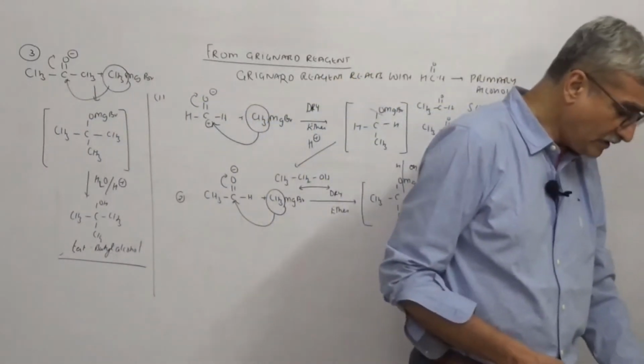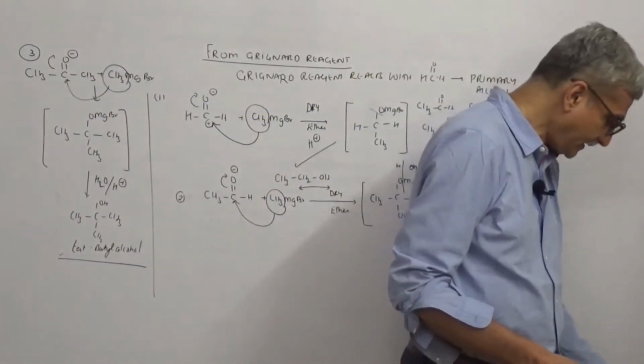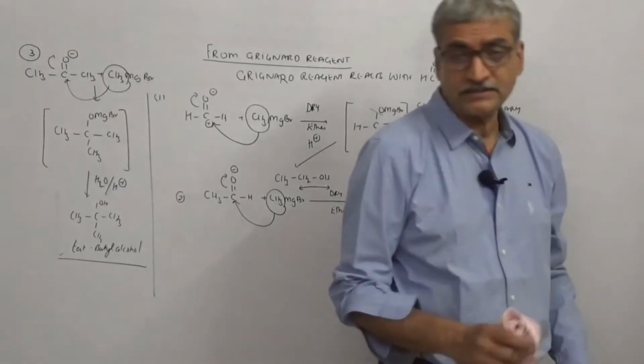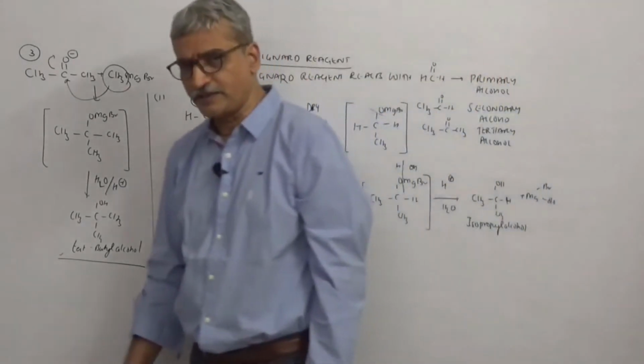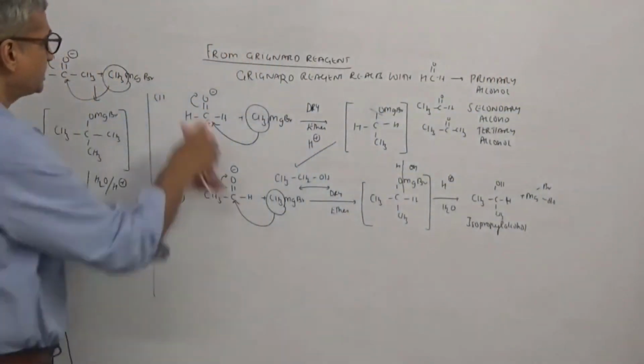Now let us talk about the main part of this chapter on alcohols, its physical properties. A lot of questions are asked on physical properties. Lower alcohols are volatile and they have a fiery taste, meaning they have a burning sensation.